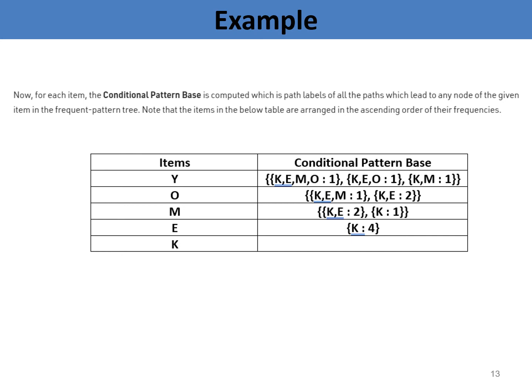That is KEMO with support 1, KEO with support 1, and KM with support 1, as you can see in the previous slide. And to reach item E, there is only one path, that is K, whose support is 4. So note that the items in the below table are arranged in ascending order of their frequencies. The items in the previous table were arranged in descending order. Now these are arranged in ascending order.